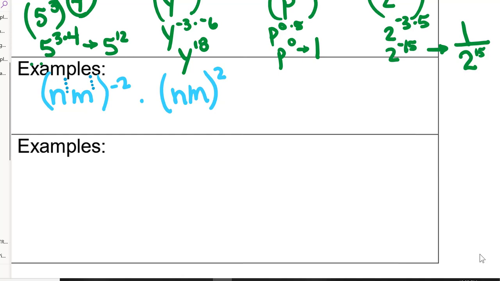Okay, so we will have n to the first times the negative second, and same thing with m to the first times the negative second. And then over here we have n to the first times 2 times m to the first times 2.